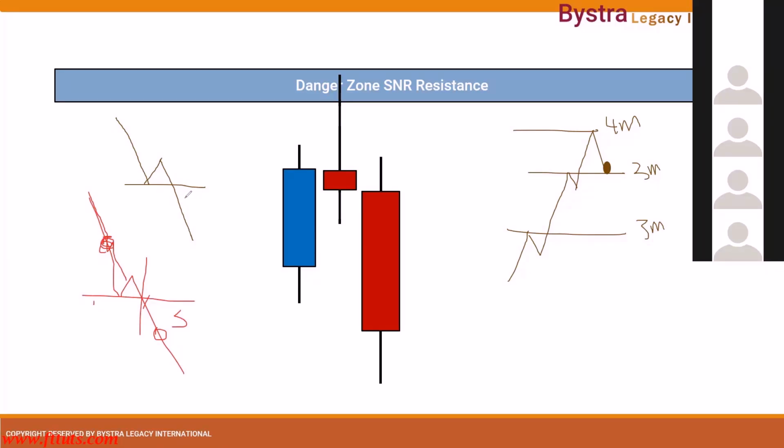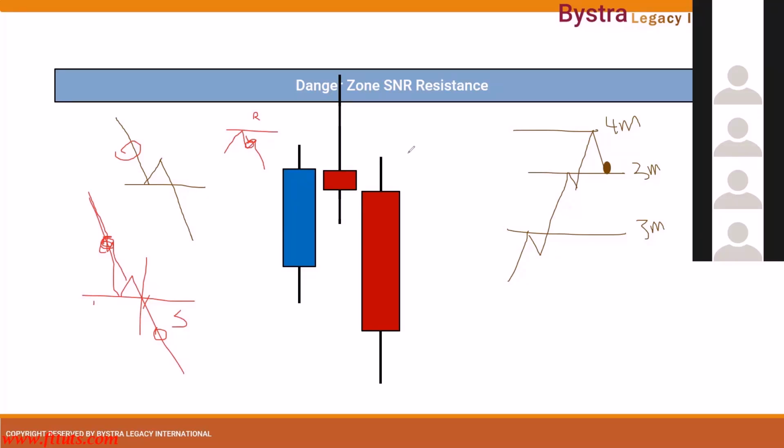But to validate a strong support or resistance, we look for the second movement on the right side, not on the left. So for this resistance case, it is a good resistance level because it has a second movement. Yes, exactly.